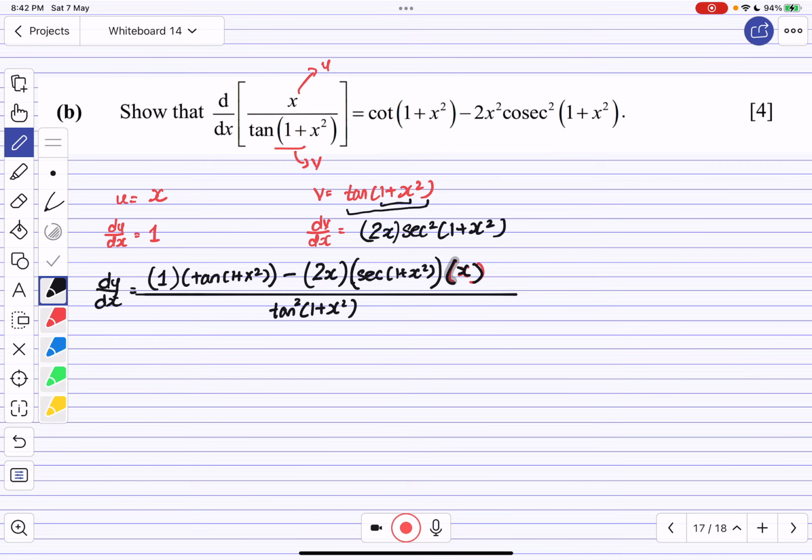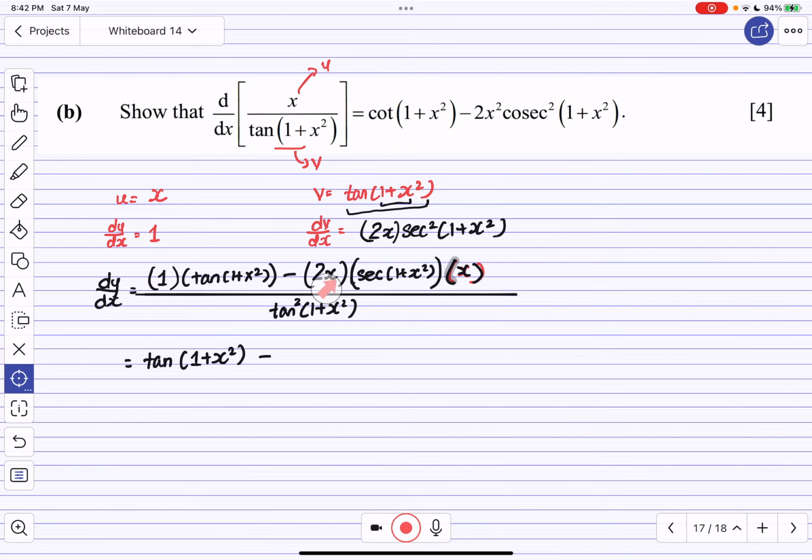So after that, I've written down all my terms and listed them out. Now it's time for me to tidy them a bit. The 1 basically does nothing, so I just scrape it away. I'm just left with tan(1 + x²) on the first term.